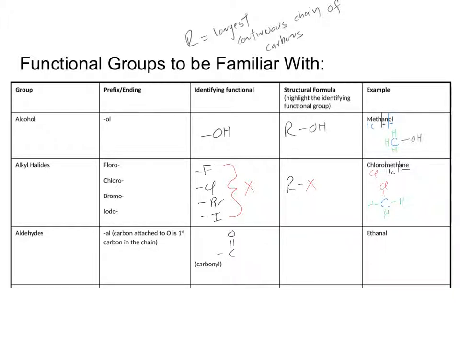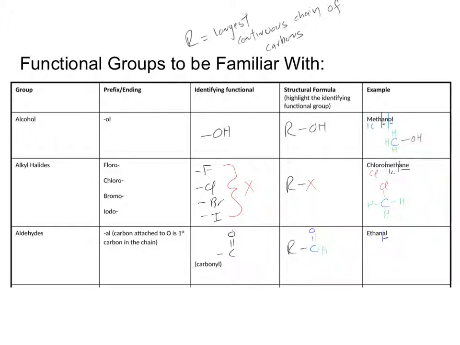We would signify that as, here's the rest of the chain, here's my carbon, and double bonded to that carbon is an oxygen. And then to that, there would be 1 singular hydrogen, because we have to make sure the carbon has all 4 bonds.